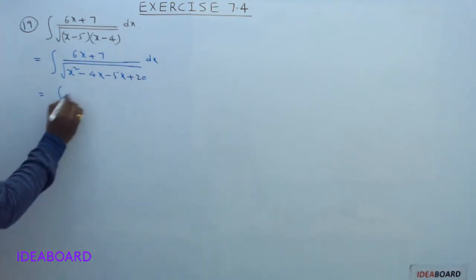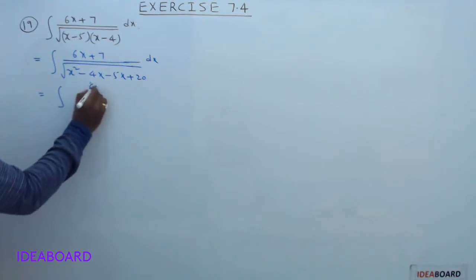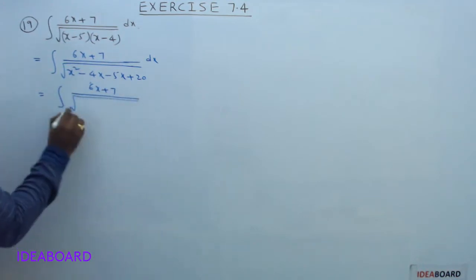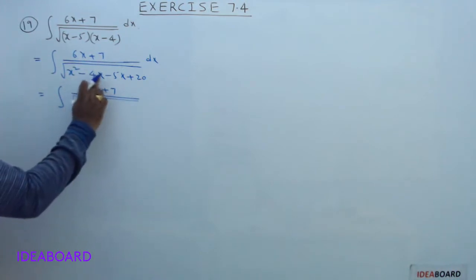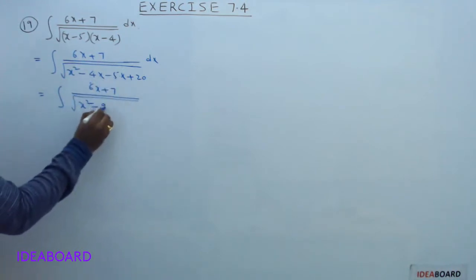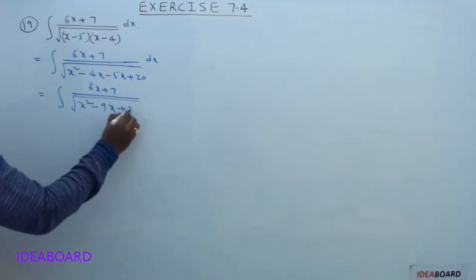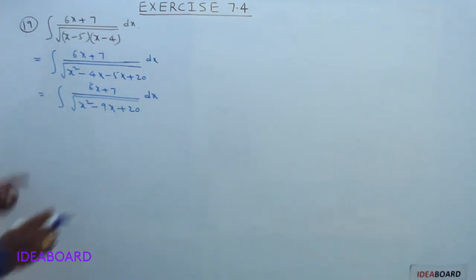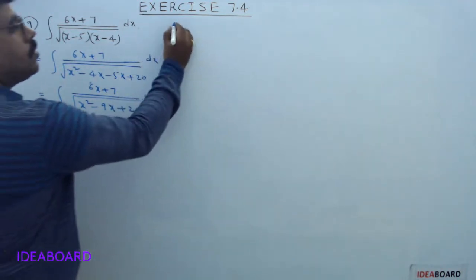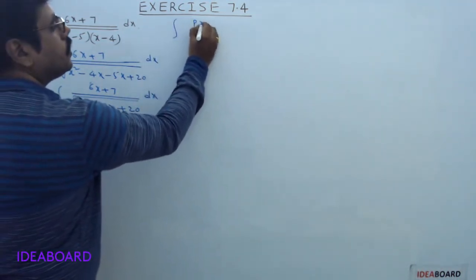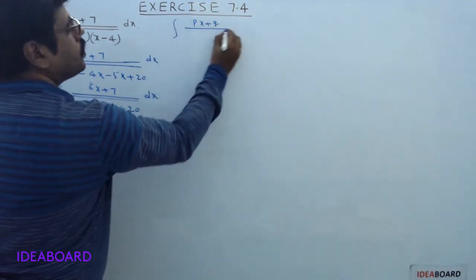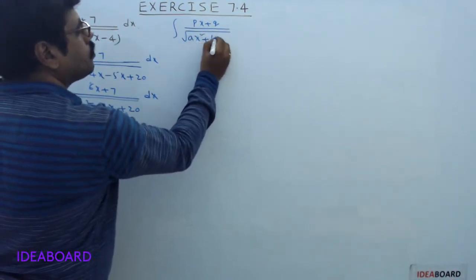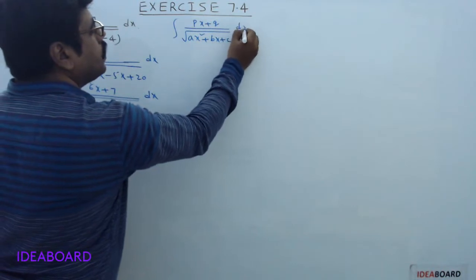Now this is equal to the integral (6x + 7) divided by the square root of (x² - 4x - 5x - 9x + 20) dx. Now clearly this is of the form integral (px + q) divided by the square root of (ax² + bx + c) dx.